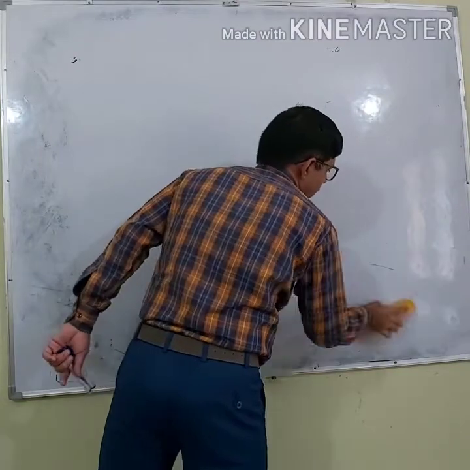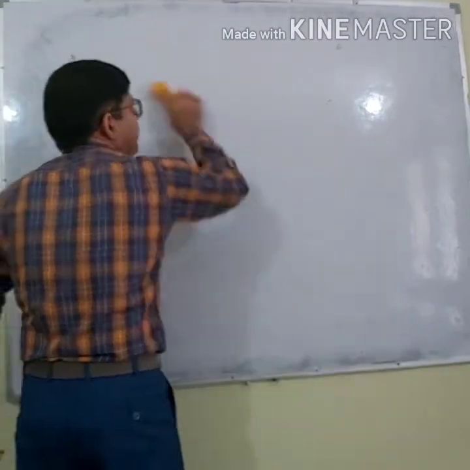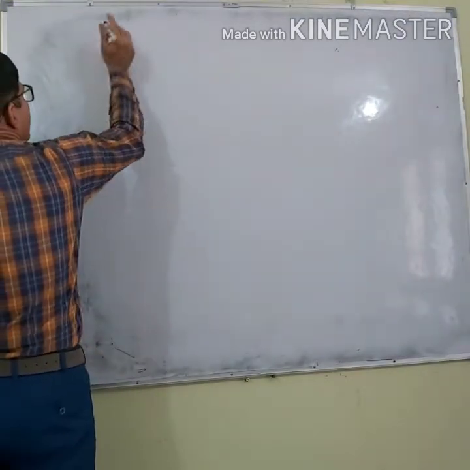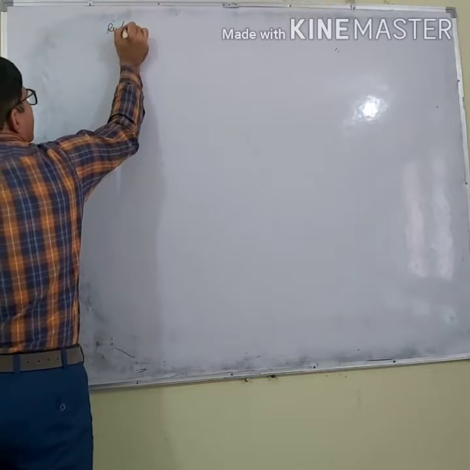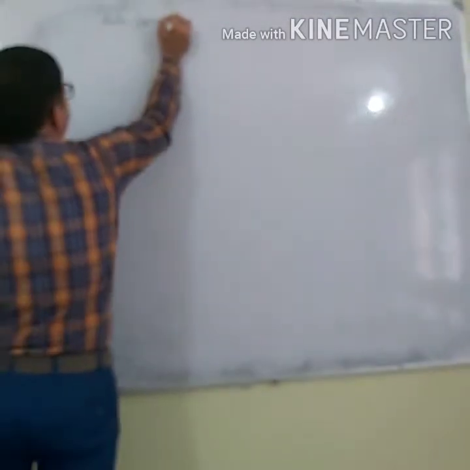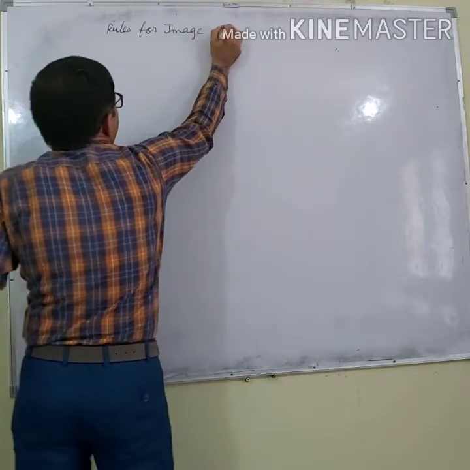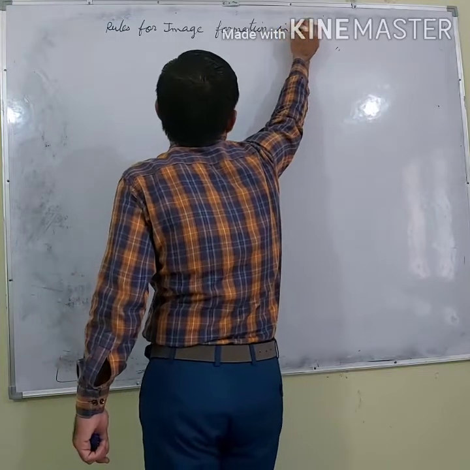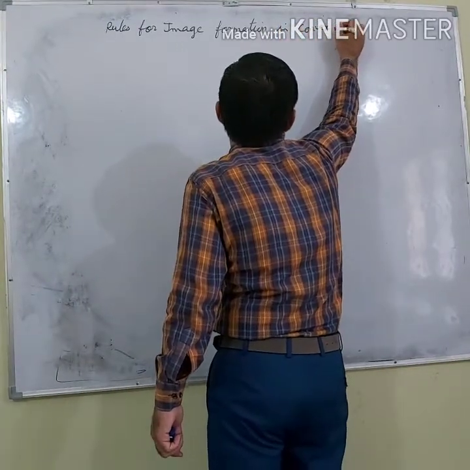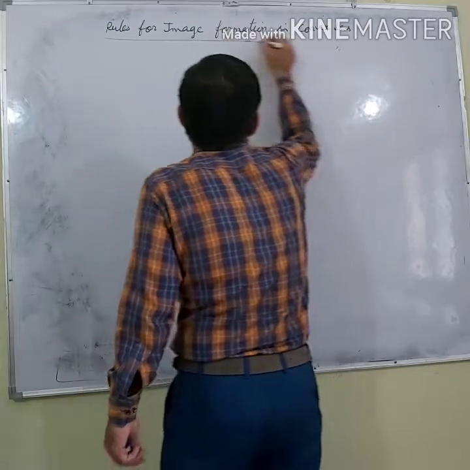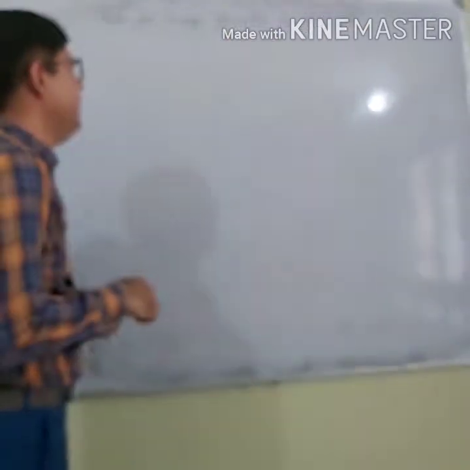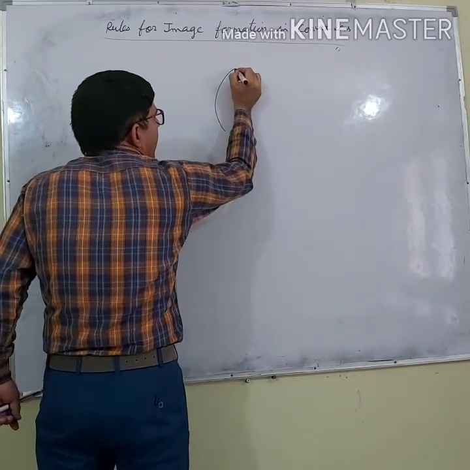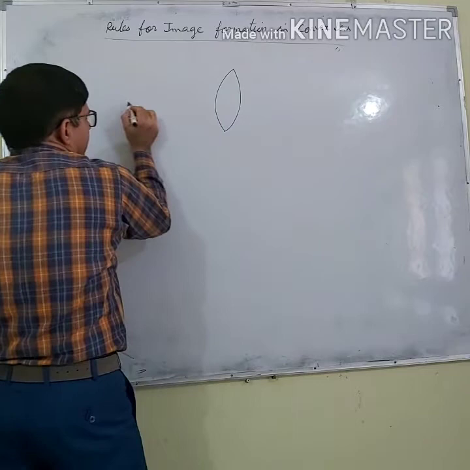So image formation in convex lens. First of all, let's do the rules for image formation. In convex lens, what are the rules for image formation? Let us say we are having a convex lens, right?